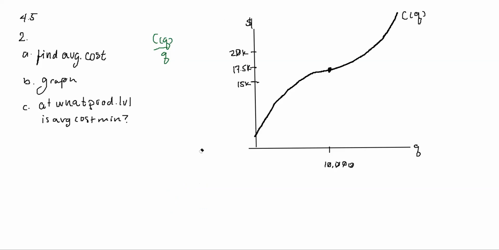What does that look like? Actually, that's part B. I was about to jump into what this looks like graphically, but that's part B. So our average cost is going to be what? The way I interpreted it was right around 16.25, but the book has the answer of 16,000.